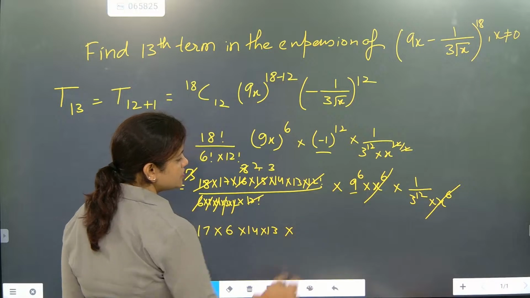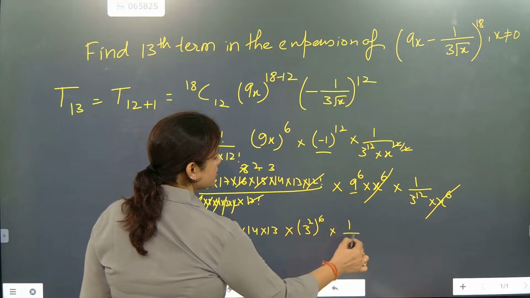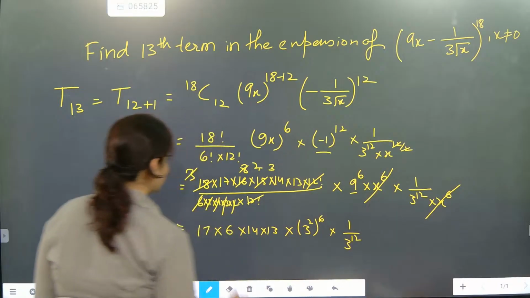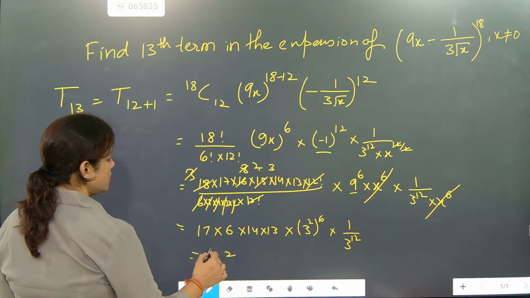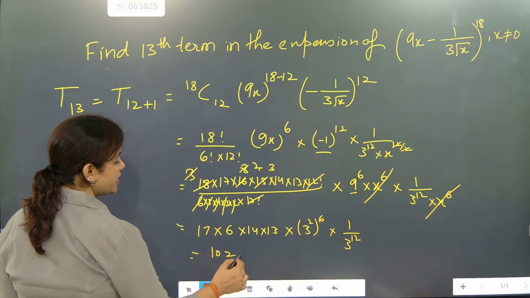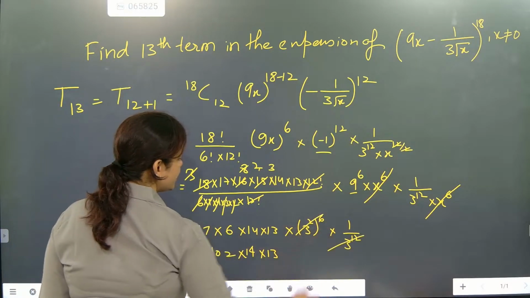Now 9 can be written as 3 to the power 2, to the power 6, and here it is coming as 3 to the power 12. So I think you will be able to say 6 7s are 42. 102, 6 1s are 6, 7, 8, 9, 10, into 14 into 13. This and this will get cancelled.